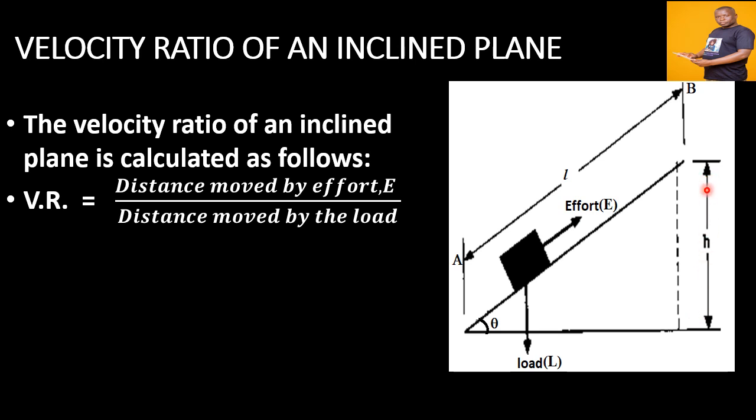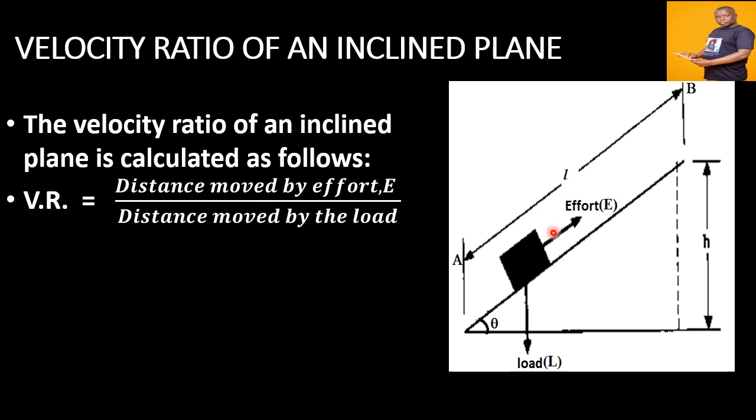All right, so velocity ratio is the distance moved by the effort, just the distance in meters or centimeters, remembering that both of them are distances, so the units are going to cancel out, so that velocity ratio is a unitless quantity.